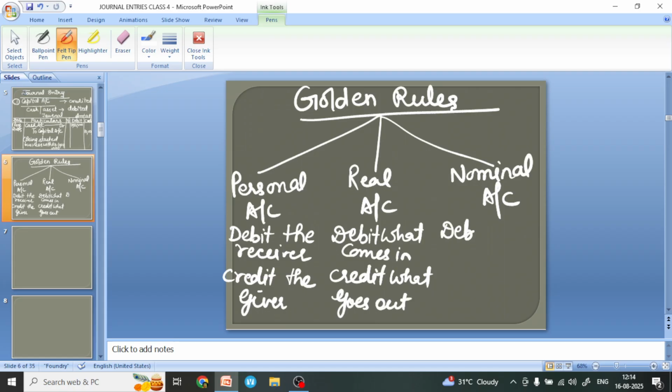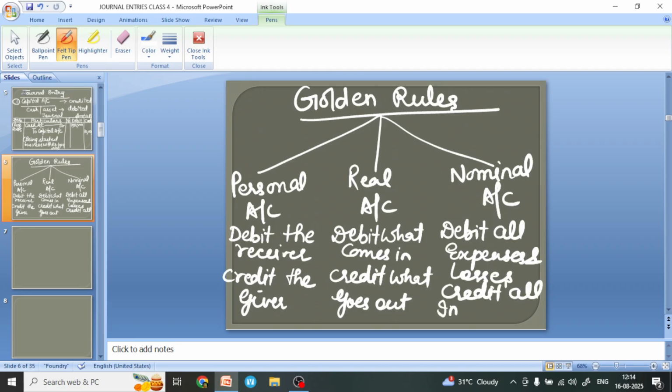Debit all expenses and losses, credit all incomes and gains.